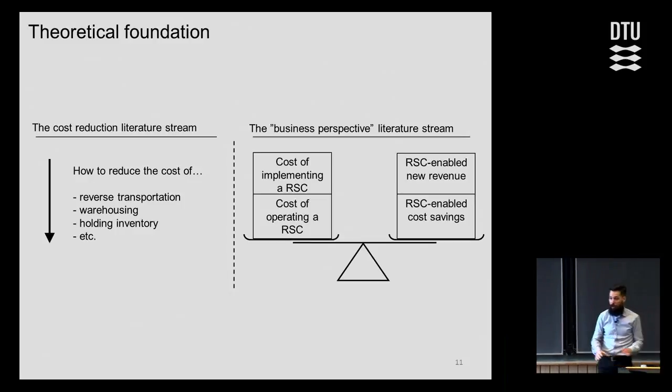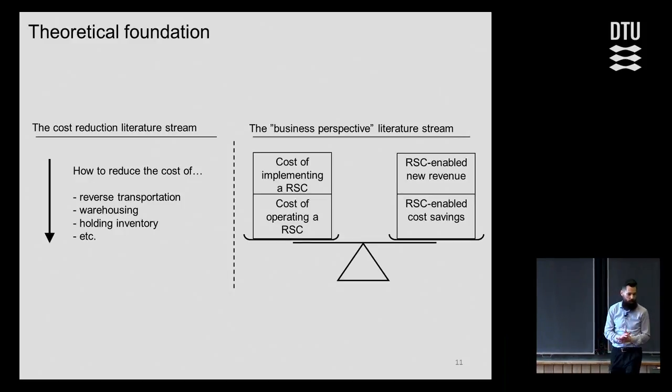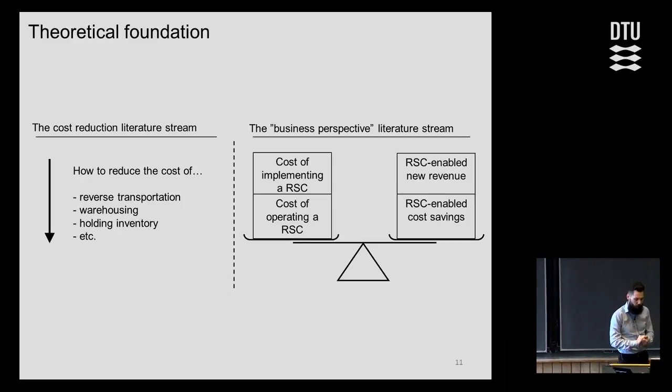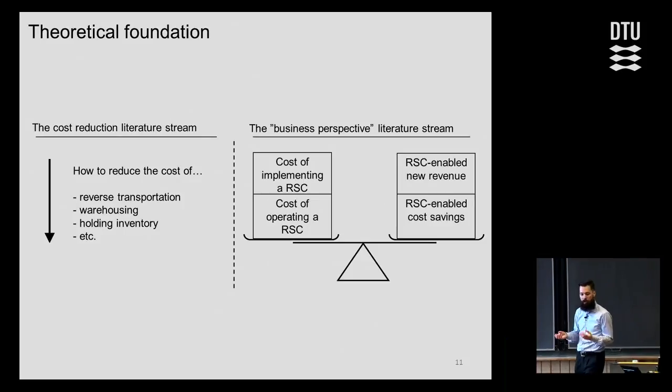And that's why a lot of research has focused on how to reduce the costs of this reverse product flow. That's the traditional literature stream. Then there is the business perspective literature stream that began about 10-15 years ago with the first publications. It differs from the traditional stream by looking at reverse supply chains as potentially profitable business opportunities.